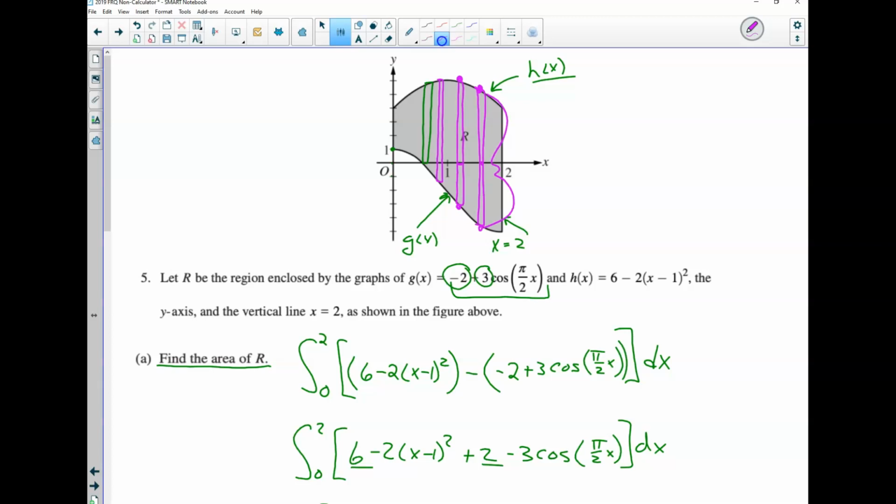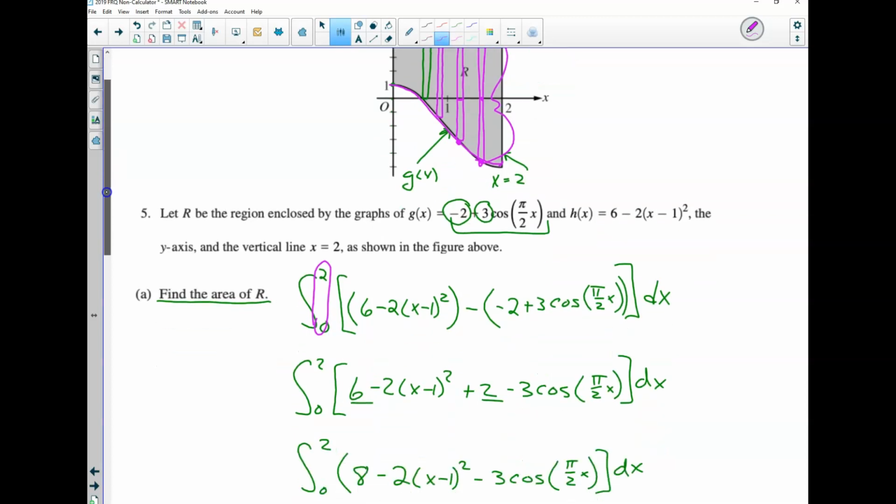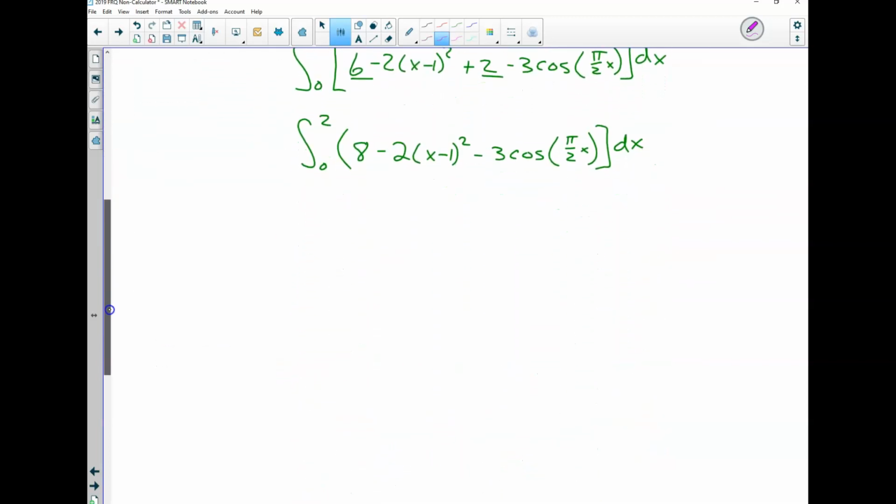Does that make sense? That's why I call it top curve minus bottom curve. That gives you the overall height of that rectangle. And it's not precisely each one, because there's an infinite number of y values between here and here. And that's why we let the function pick them up from 0 to 2. I get that. Okay.